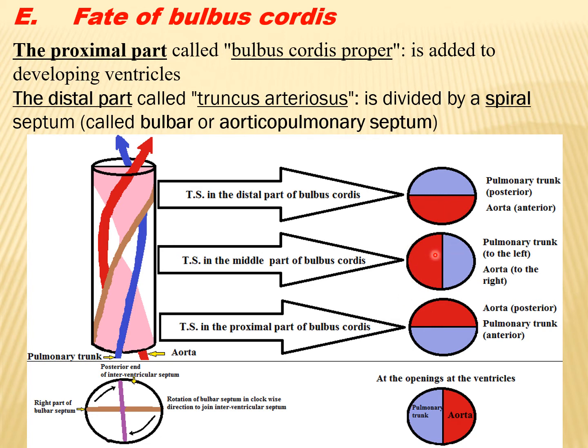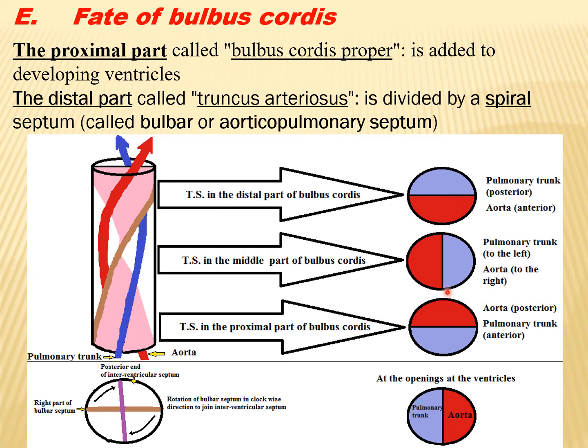Near the ventricle, this is the proximal part, this is the middle part, and this is the distal part. Near the ventricle, in the proximal part here, the septum is transverse, so the aorta lies posterior to the pulmonary trunk anterior.